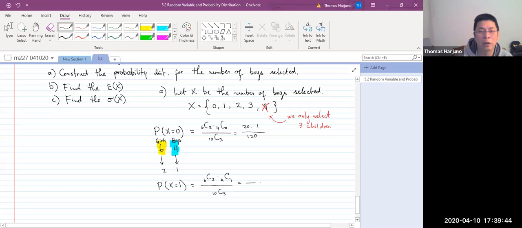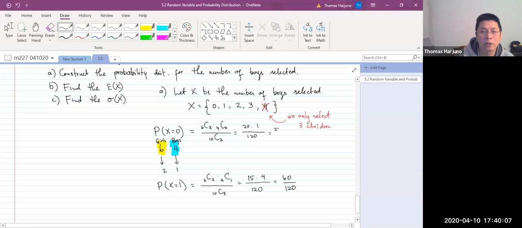Using your calculator, or if you happen to know, we know the denominator will be 120. For the numerator, there will be 6 times 5 over 2, that's 15, and 4 choose 1 is 4, so this is 60 over 120. I will not reduce that for now.